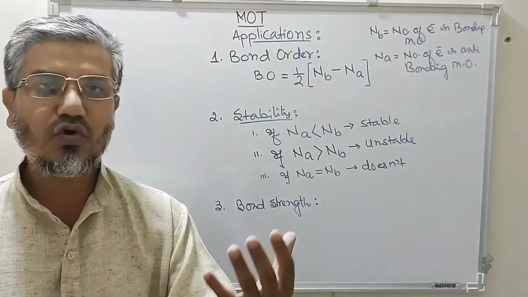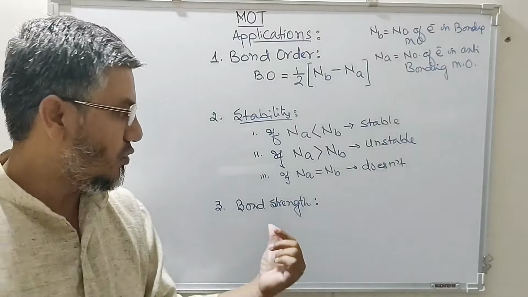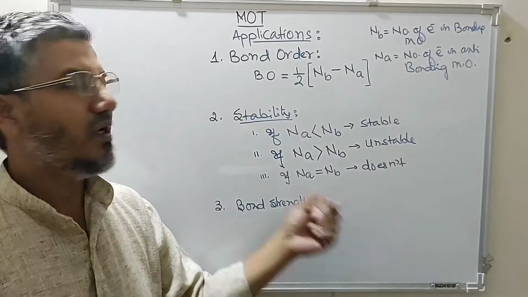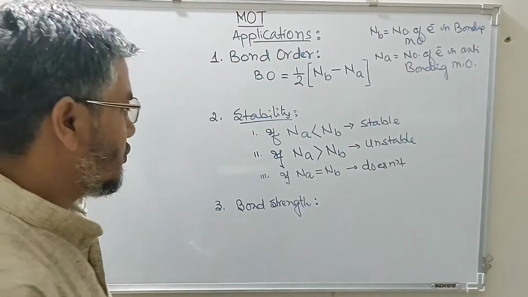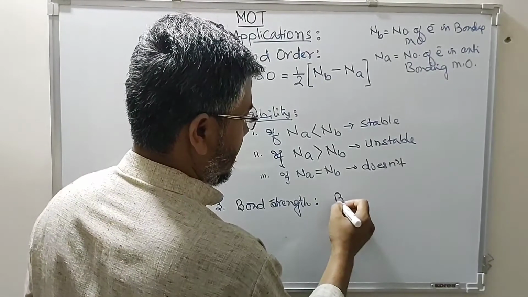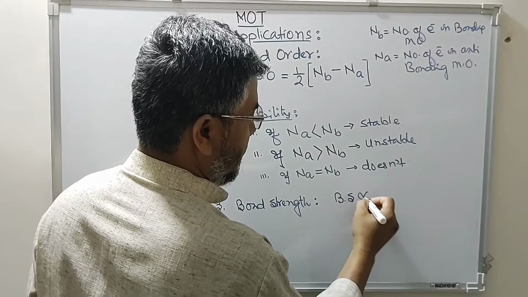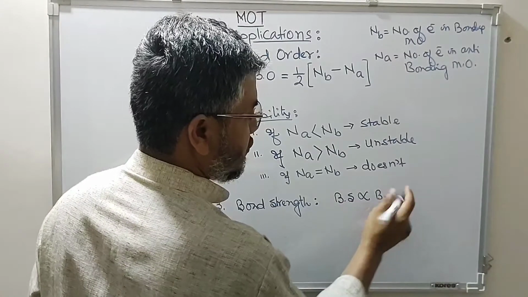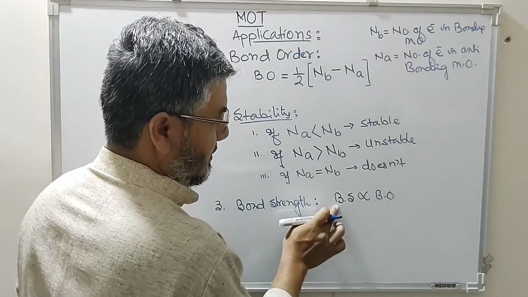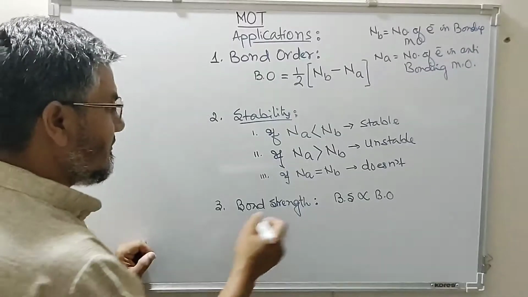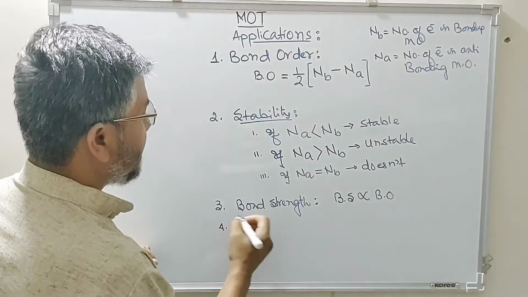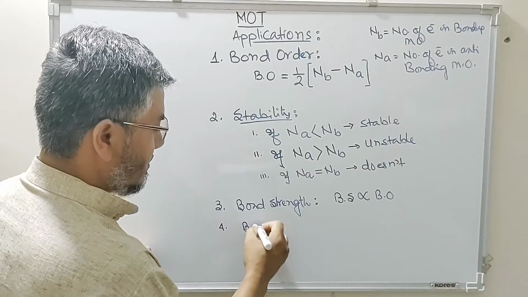So the more the bond order, the more the bond strength. If bond order is less, bond strength will be less. So this bond strength is directly proportional to bond order. So greater the bond order, greater will be the bond strength, stronger will be the bond. Then we can also compare bond length.